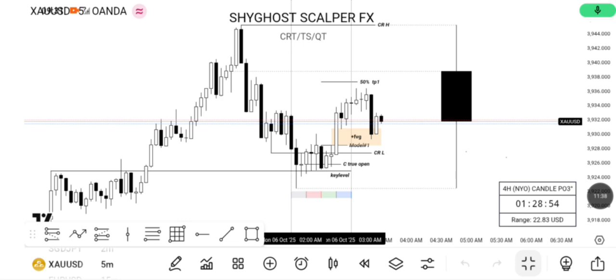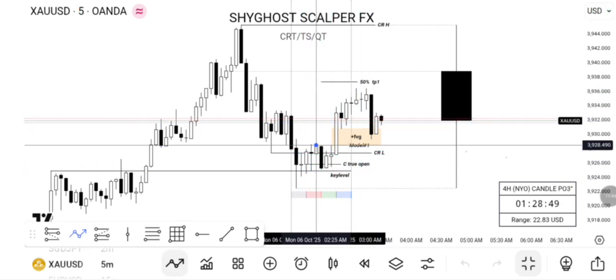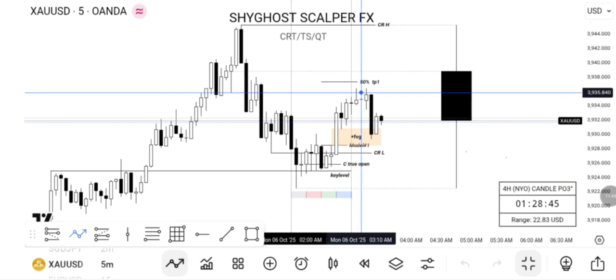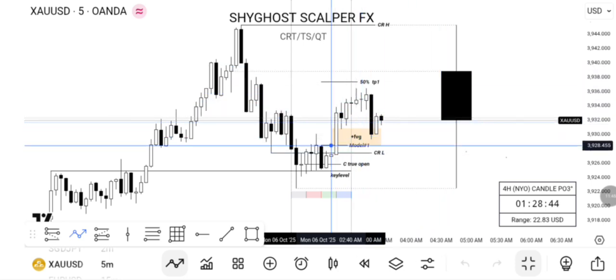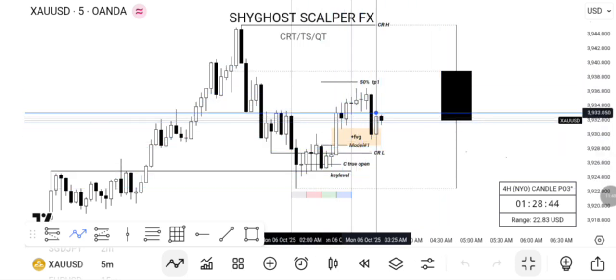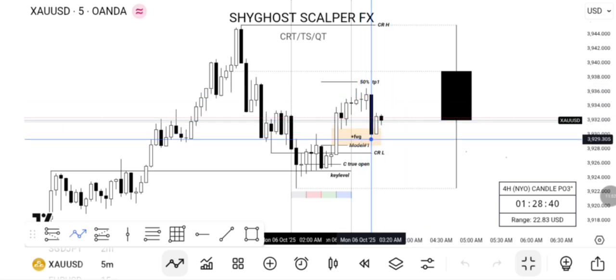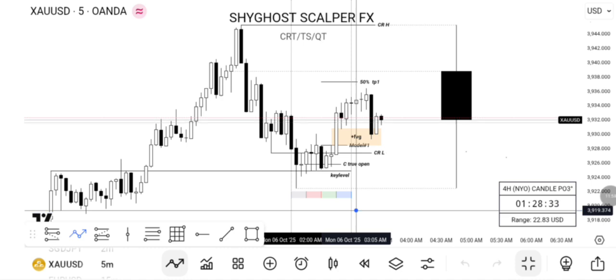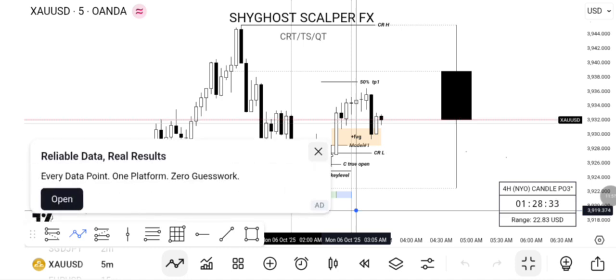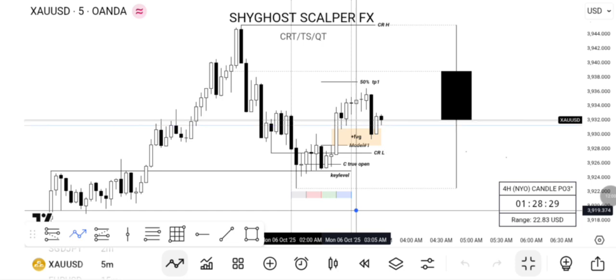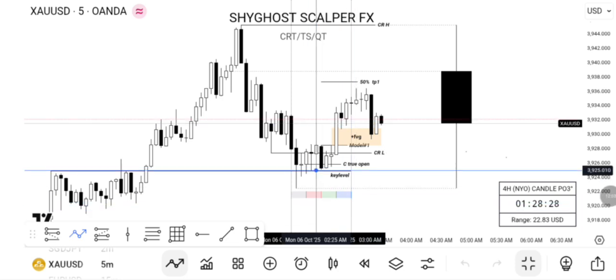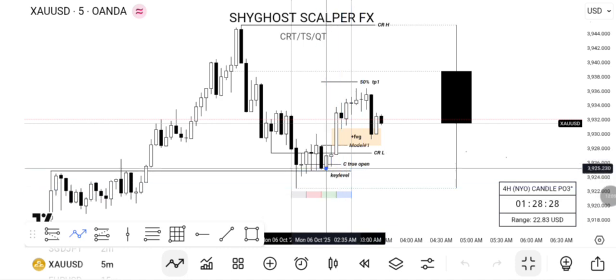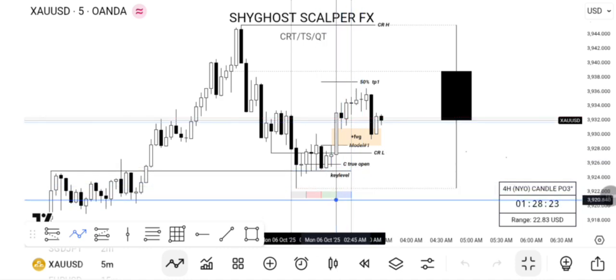So now, after we've identified our open, high, low, close, and we have identified our model 1 and key level and where we are targeting for our first TP, we put in the new week opening gap indicator. We did that already. We saw that we don't have those levels here, right? So the next thing, we're gonna put in the quarterly theory indicator to see whether we have SMT or SSMT, right?